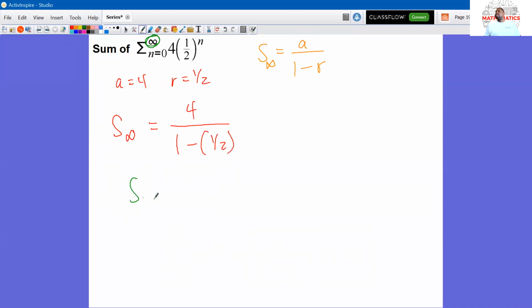And you get S infinity equals, that's going to be 8, I believe. I always want to double check and make sure. 8, yes. Yeah, 8.